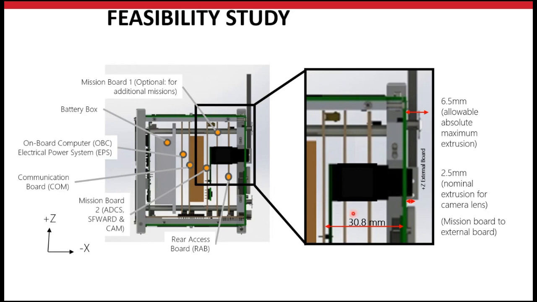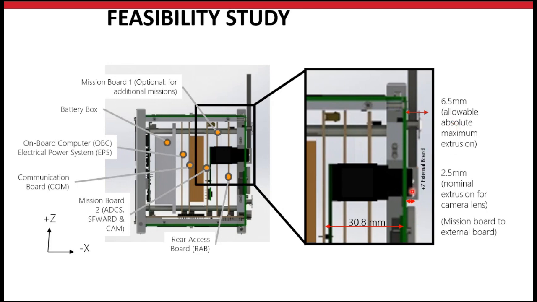So you can also rely on any manual as the reference. As you can see in the slide, we are referring to the Japanese Experiment Module GEM handbook, where it only allows 6.5 mm extrusion from the external board.